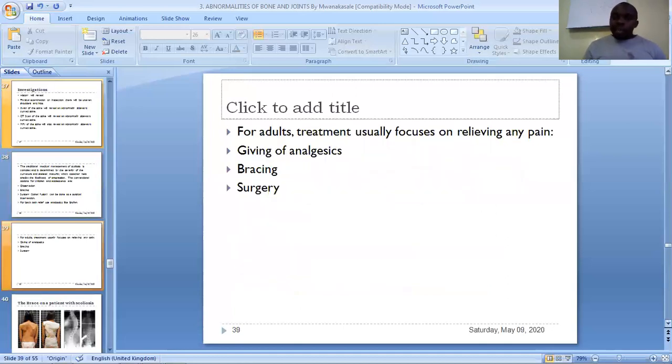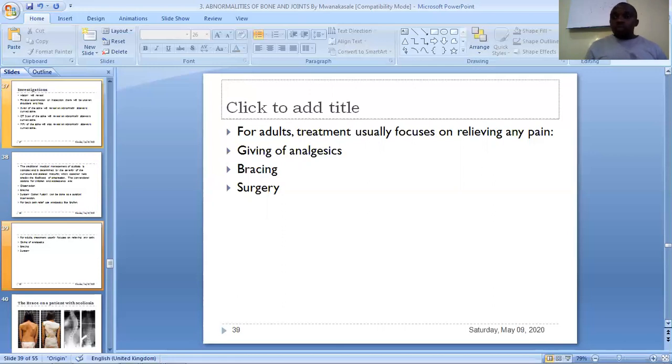For adults, however, treatment usually focuses on relieving pain. So you give analgesics, like I've stated already, brufen can come in, diclofenac can come in. The brace is also another intervention that can be done in adults, the same Milwaukee brace.